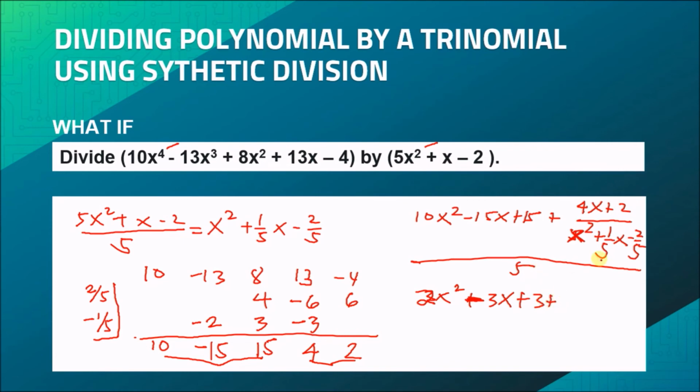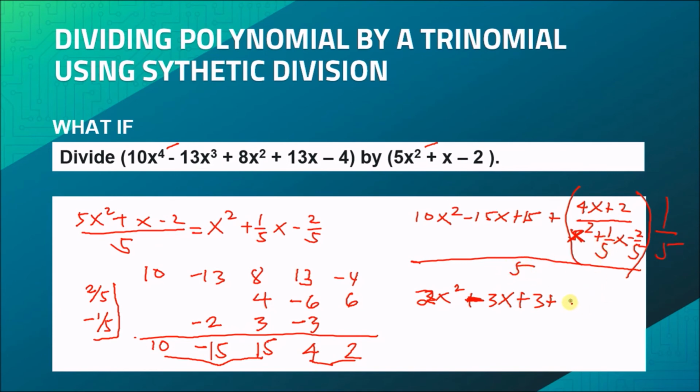So if I rewrite the portion divided by 5, that is still the same as multiplying this by 1/5. Multiplying by 1/5 is the same as dividing by 5.